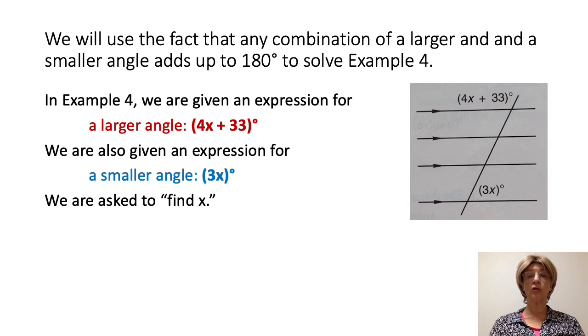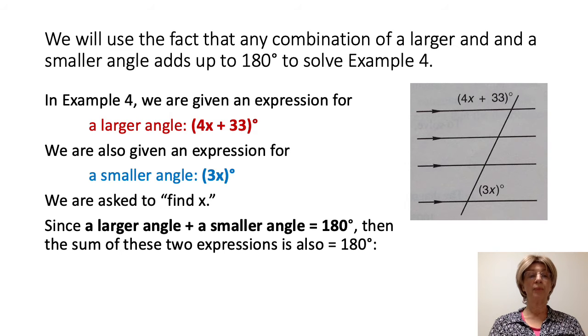We are asked to find x. Since a larger angle plus a smaller angle equals 180 degrees, then the sum of these two expressions is also equal to 180 degrees. 4x plus 33 plus 3x equals 180 degrees.